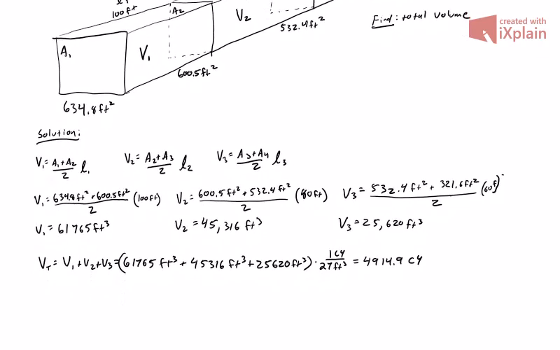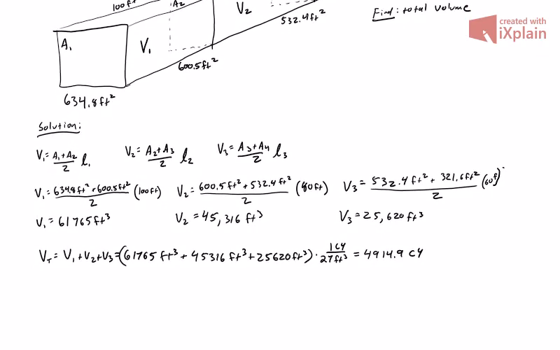All right, so what would have happened if we hadn't broken this up into our 3 different volumes and we just directly tried to use the front area and the back area, right? Well, in that case, we would have done A1 plus A4 over 2, and we would have multiplied by the entire length, so L1 plus L2 plus L3.